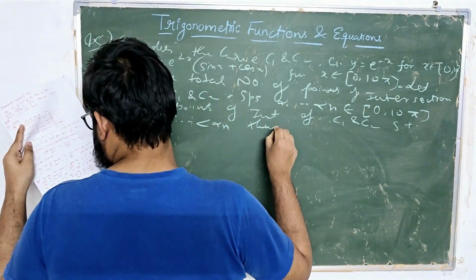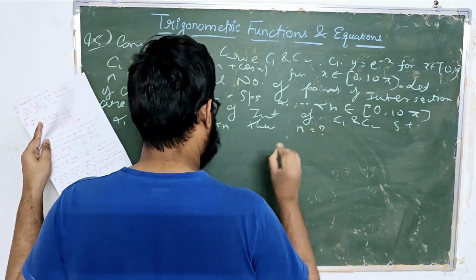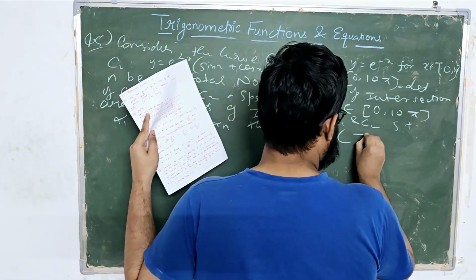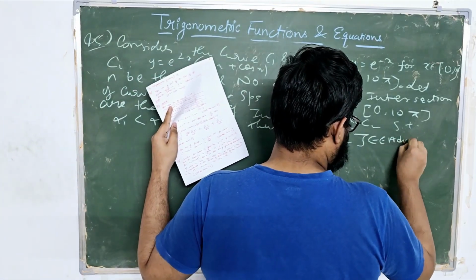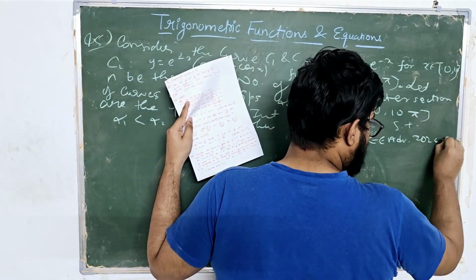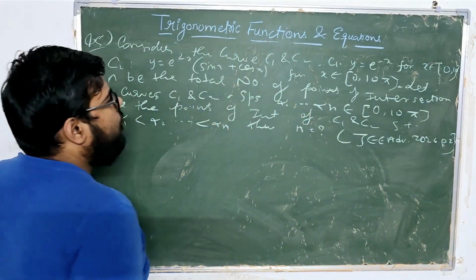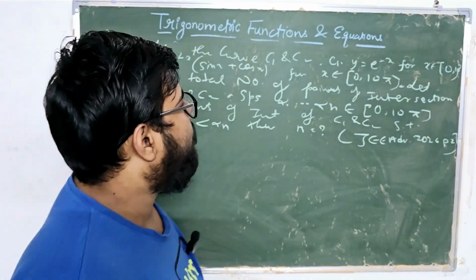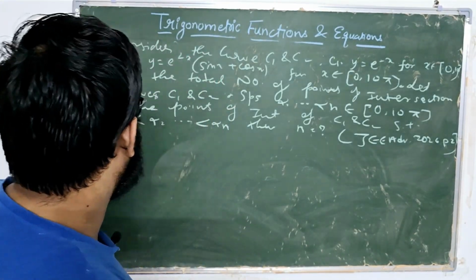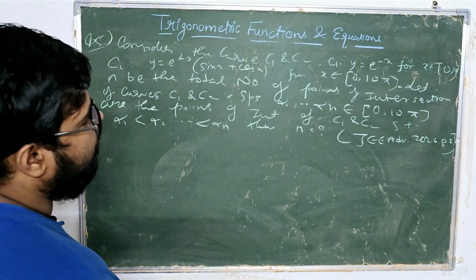Then n is equal to what? Okay, it's from JEE Advanced 2026 paper 2. Okay, so we are given the curves C1 and C2 where y is equal to e raised to negative x for x belonging to this domain and C2 is belonging to this domain.